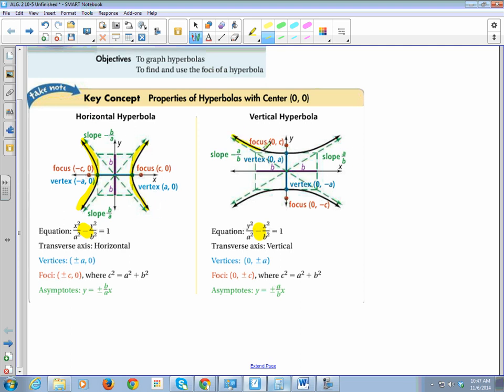If you're vertical, then you open up with the y-axis centering you. The only difference between the horizontal and the vertical as far as the equation goes is that when you're vertical, the y squared comes first, and when you're horizontal, the x squared comes first.